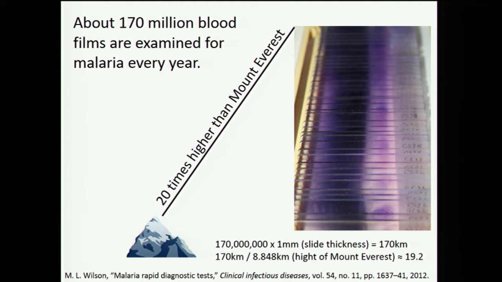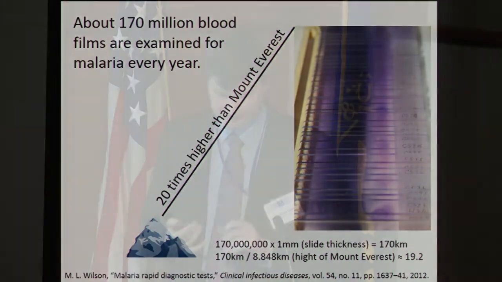So if you assume that a slide is 1 millimeter thick, and you put them all on top of each other, you have a mountain that is about 20 times higher than Mount Everest. And this has all been scanned manually in the world. So there's a large potential for doing that automatically and also more reliably and more cost effectively.